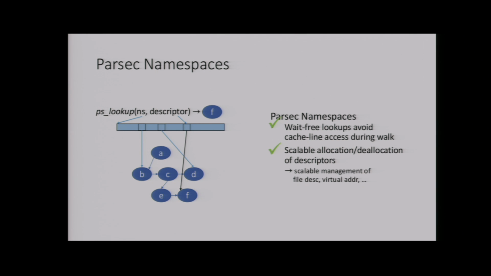So this namespace, as we call them, is really just a mapping between a descriptor associated with a node and the node itself. And it's a wait-free data structure that handles allocation and deallocation of descriptors for us. So this allows us to avoid the problem of just using locks.